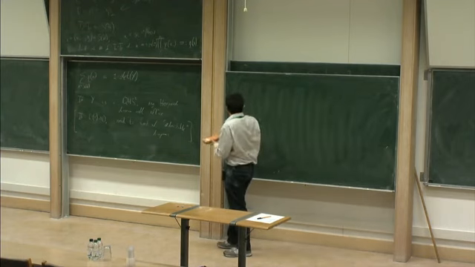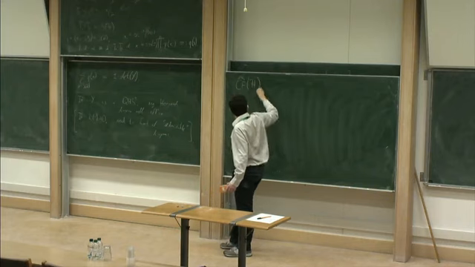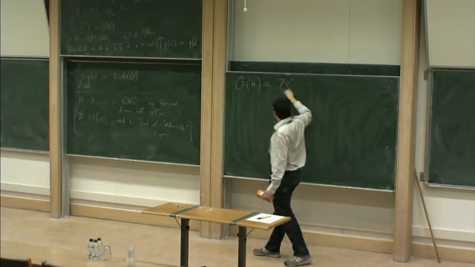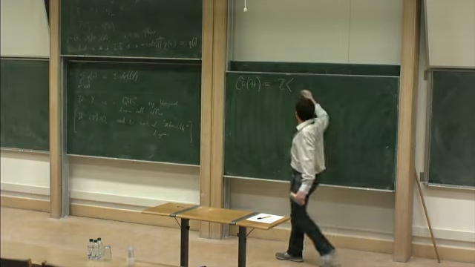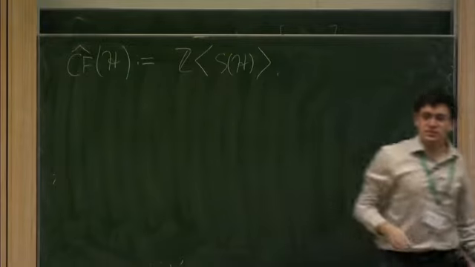So now CF hat of the Heegaard diagram is going to be generated as an abelian group by all of these intersection points.